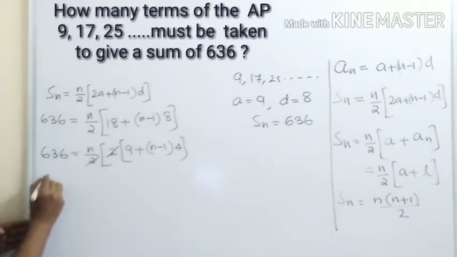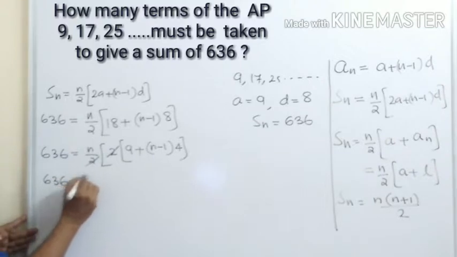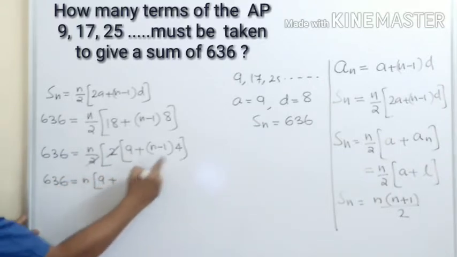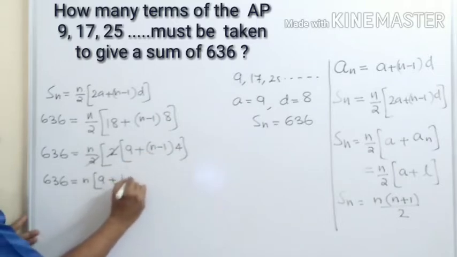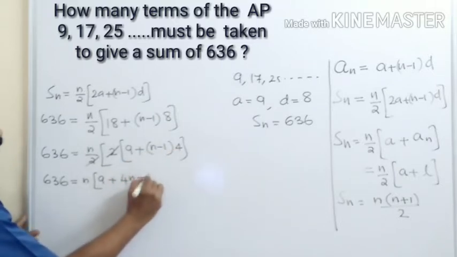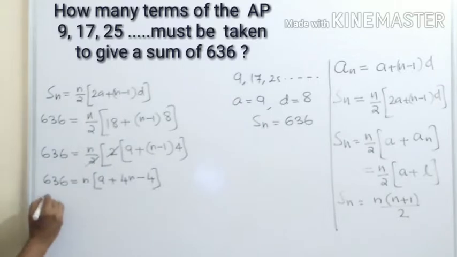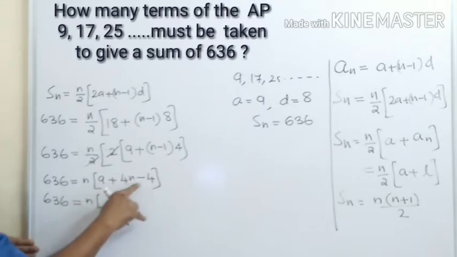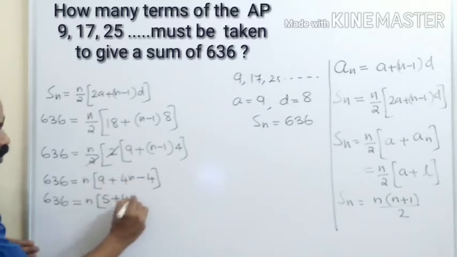So I got 636 is equal to n into (9 plus 4 into (n minus 1)), that is 4n minus 4. So 636 equals n into (9 minus 4, that is 5, plus 4n).